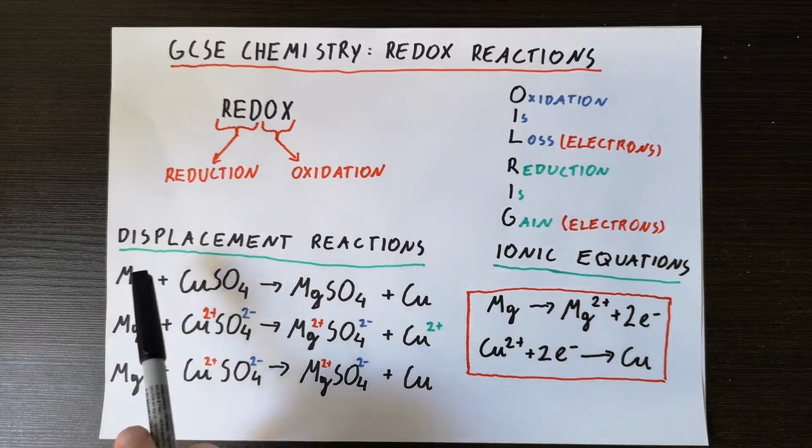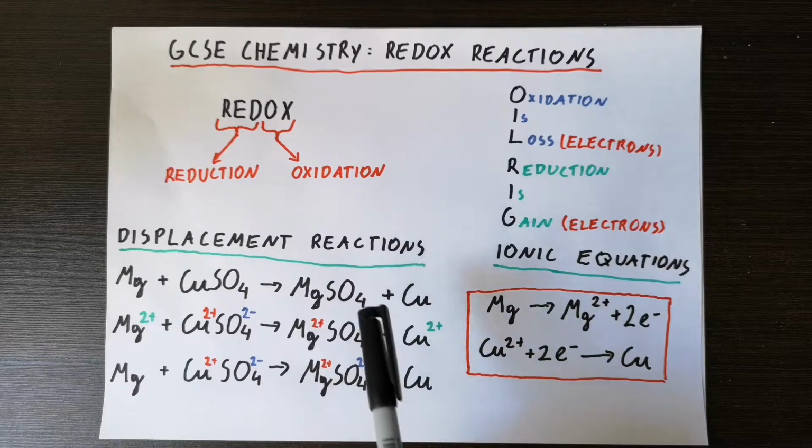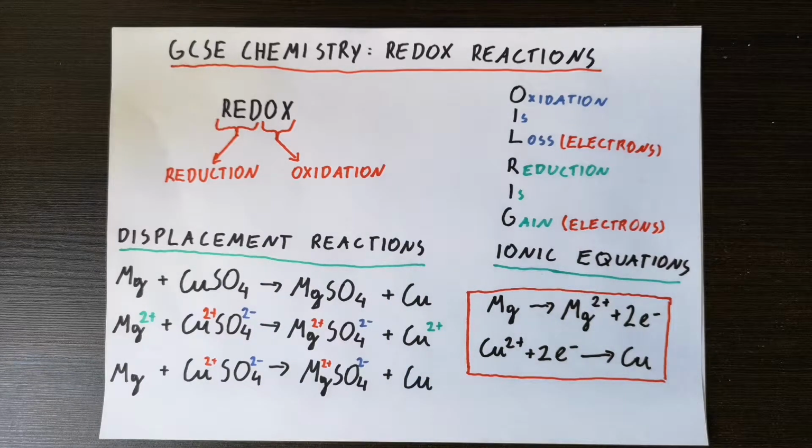A very good example of a redox reaction is displacement reactions. We already covered those before, so if you don't know much about them, watch the previous video. I actually think the previous video is a very good introduction to this video, so I'm going to include that in the link below. So smack that link in the description below if you want to see the previous video that covers displacement reactions and things as such.